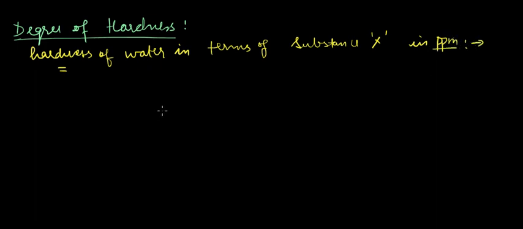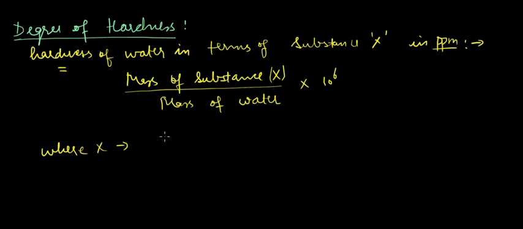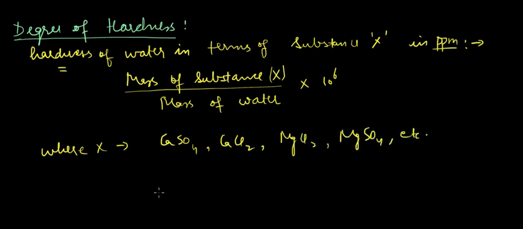We have already discussed it in some previous lectures. ppm of X is the mass of substance X divided by the mass of water, multiplied by 10 to the power 6, where X can be calcium sulfate, calcium chloride, or magnesium sulfate.